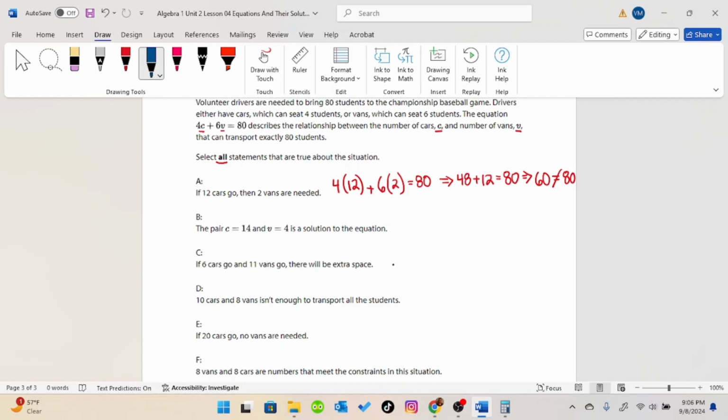Choice B. The pair C equals 14 and V equals 4 is a solution to the equation.